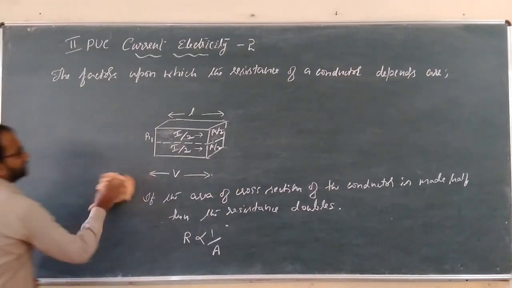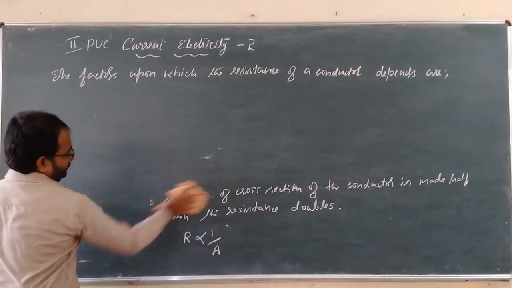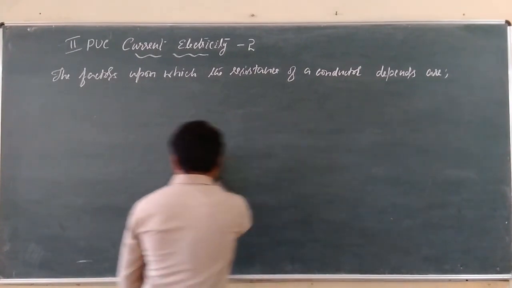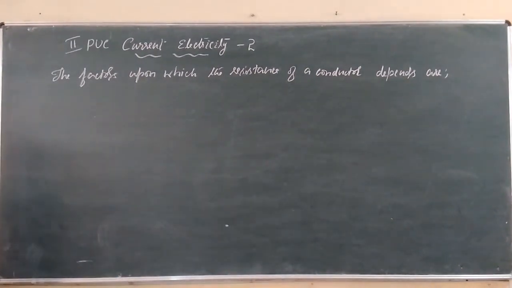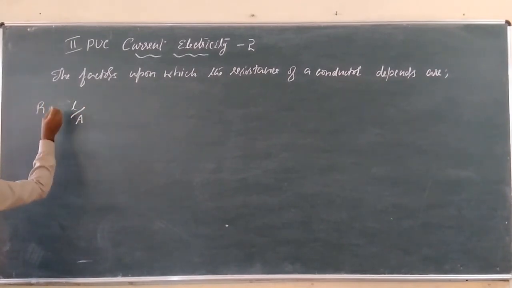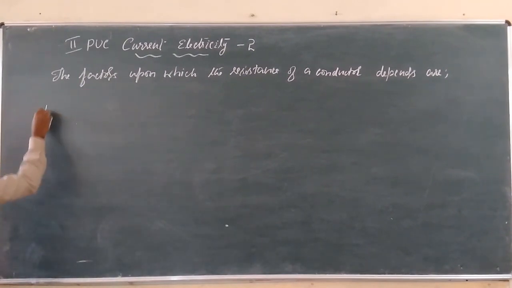we can write R is directly proportional to L by A, right?